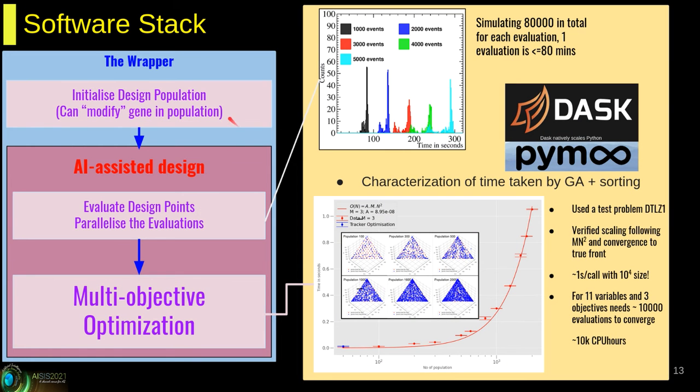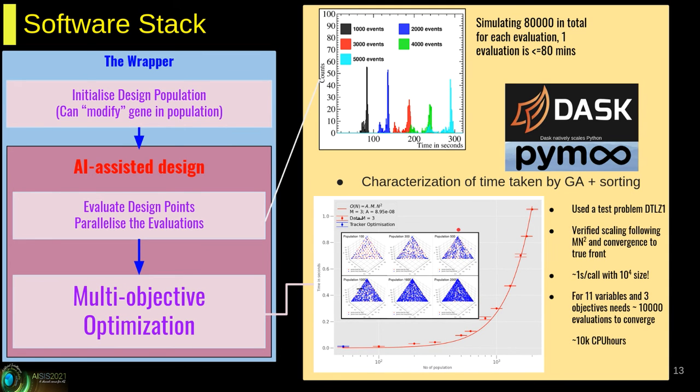As this software stack is modular, we can plug and play at different stages of the pipeline. The main resource overhead is in the simulation of events, and as you can see, it takes about 80 minutes to simulate 80,000 events. Currently, the genetic algorithm and sorting take negligible time for computing. But preliminary studies, as expected, show that it scales nonlinearly as the population size increases.